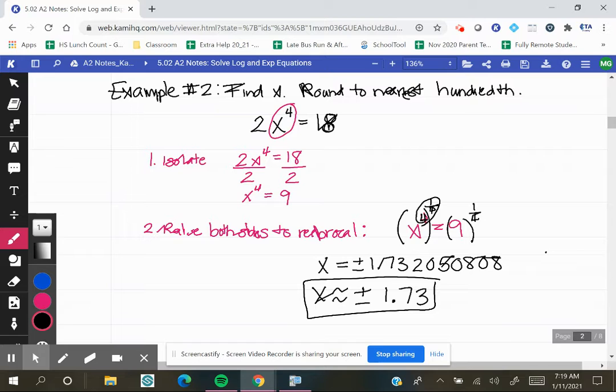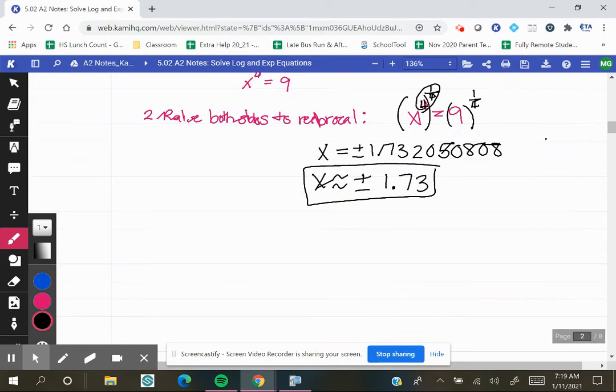Okay. And then the last one is for example for scenario 3.